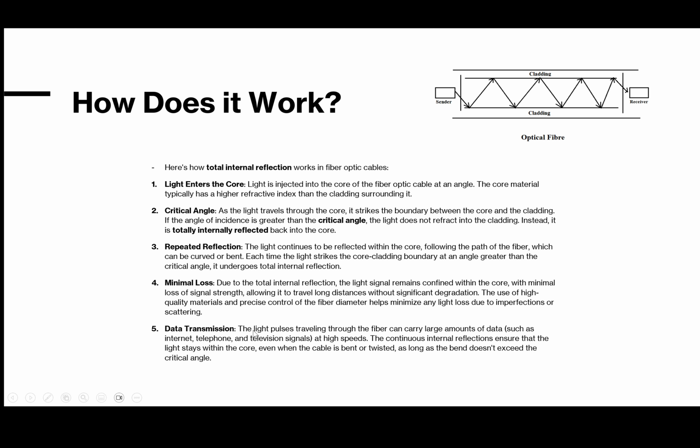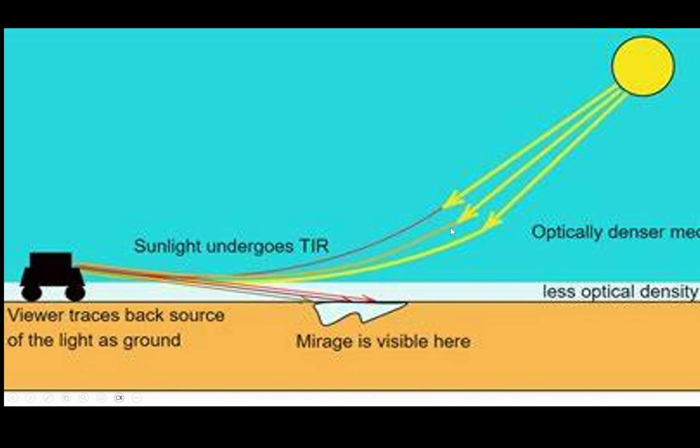So when the sun's rays travel through, they go at different angles and refract at different angles, and sunlight actually undergoes total internal reflection. It causes the viewer to trace backwards and see light as if it were on the ground. So we tend to notice the blue sky as if it were on the ground, and it creates what we call a mirage.